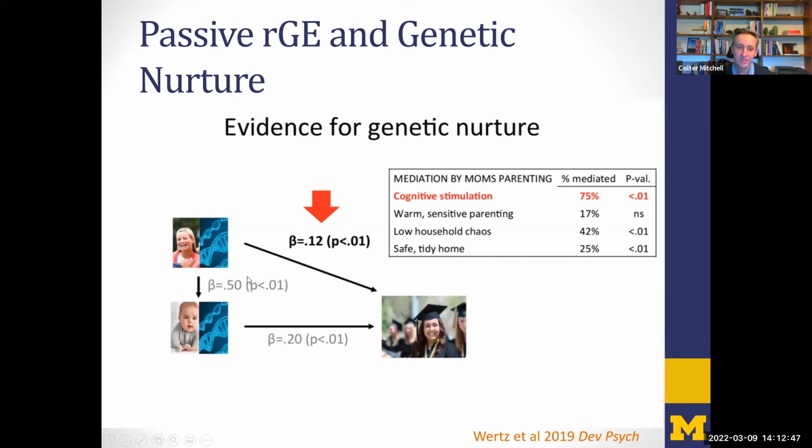But in addition, the genes of the parent are also shaping the environment, maybe the cognitive stimulation, how much they're reading, their math ability, things like that. And so you can imagine several different parenting-level measures that are also influencing college education. So maybe genes are operating through these social mechanisms. And so again, it's kind of an exciting way to tease out certain processes that we can already document are having an effect.